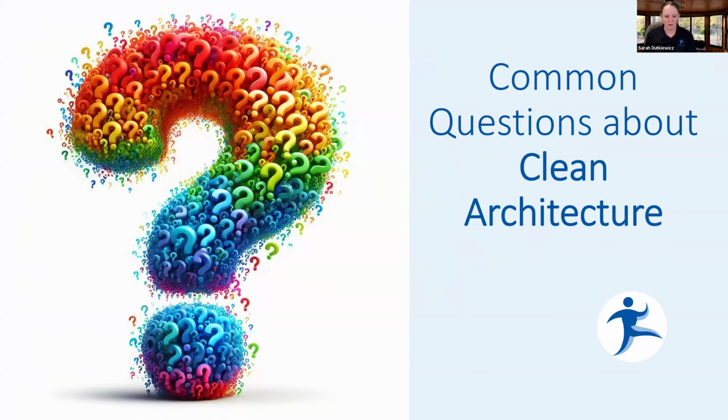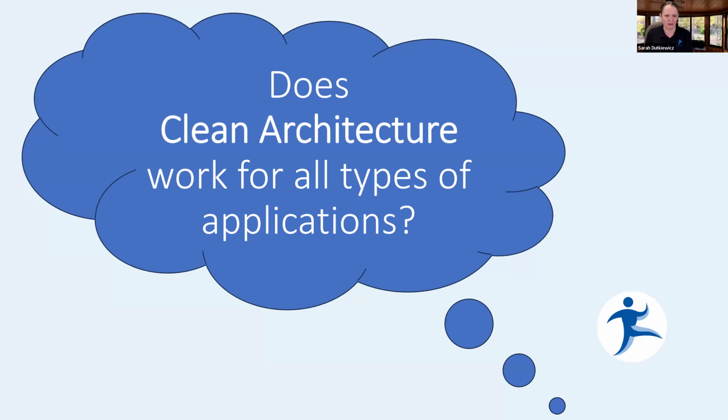Now, I do get some questions about clean architecture as well. And the questions I get with clean architecture are things like, well, can I use this for all types of applications? One of the phrases you'll hear me say often is just because you can doesn't mean you should.